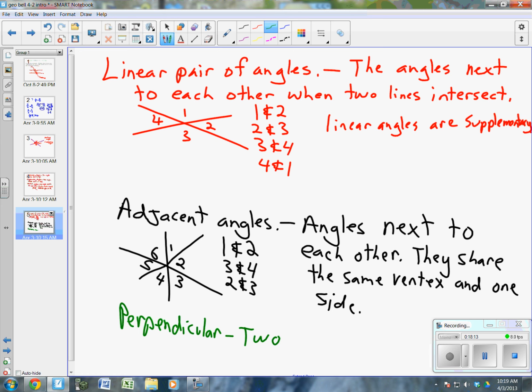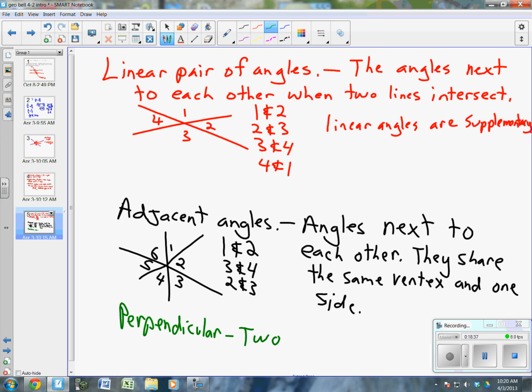How many of you know what it means? No. Parallel is when they don't touch. Perpendicular is opposite of parallel. Yeah, they're like this. What angle do they form?